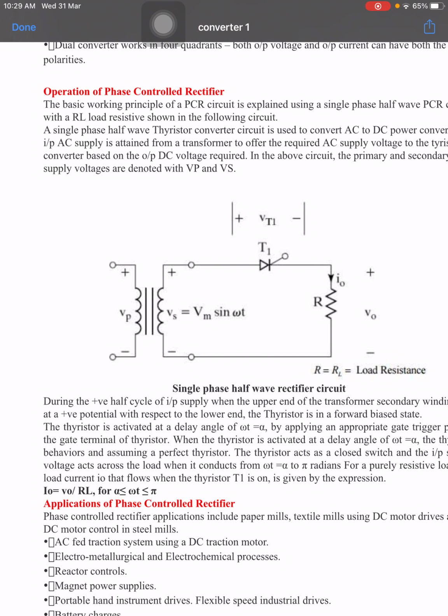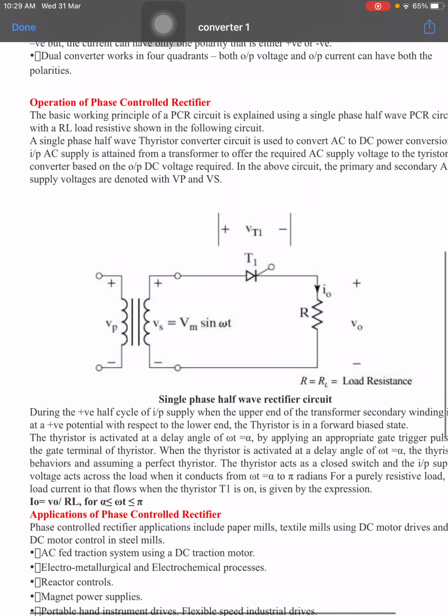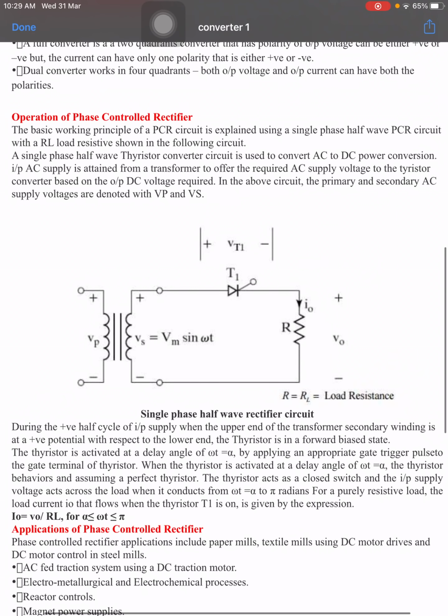We have many loads, but this diagram represents an R load. What is the basic principle of a phase control rectifier? It explains the single phase PCR circuit with a resistive load, with positive and negative half cycles shown in the circuit. The thyristor converts AC to DC, a power conversion, because it acts as a rectifier.